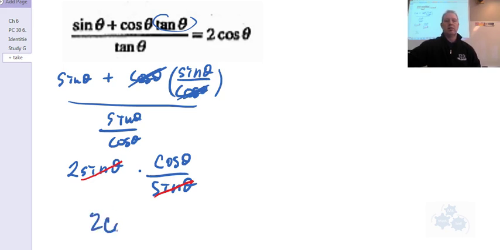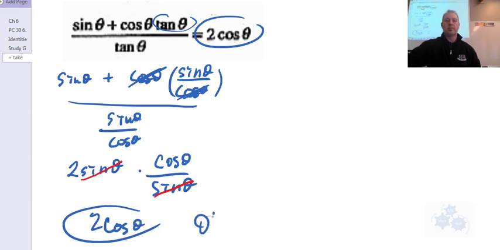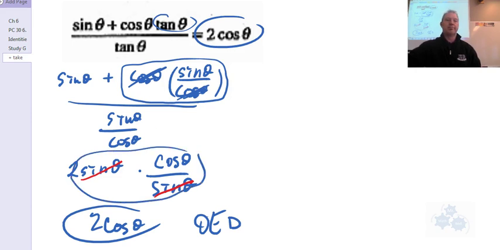And we have 2 cos theta, which is what you're looking for. Okay, so that's an option for that one. And that little tip there is rewriting things in terms of sine and cos, because obviously that simplifies this part, and then it'll help simplify this part too. So writing things in terms of sine and cos.